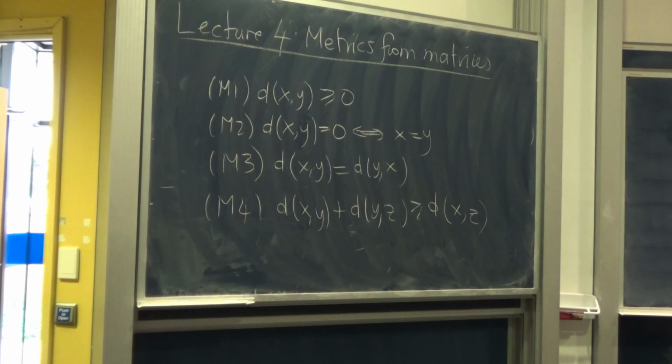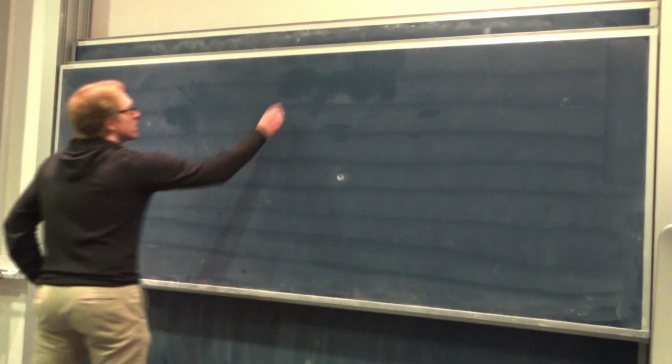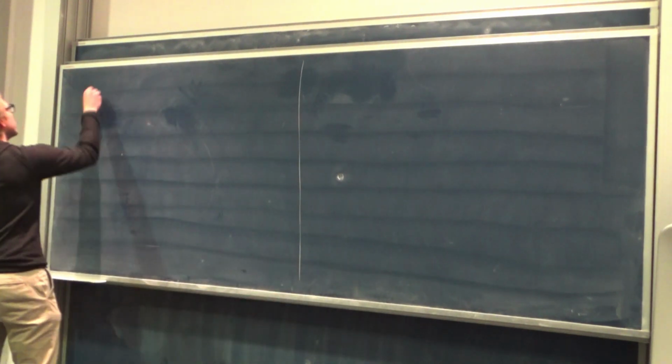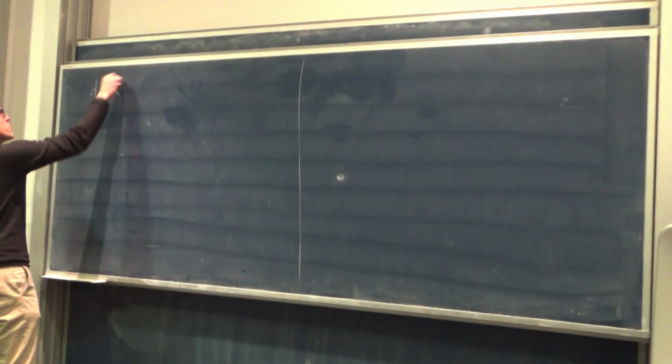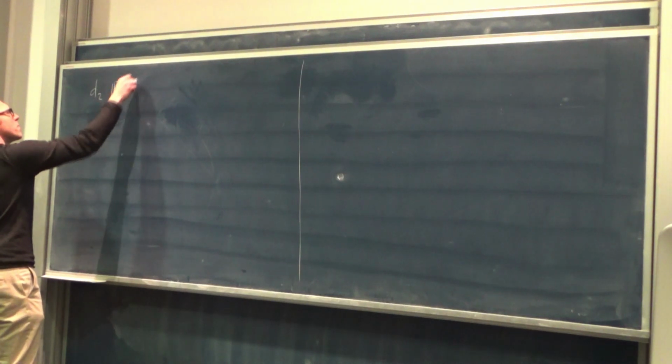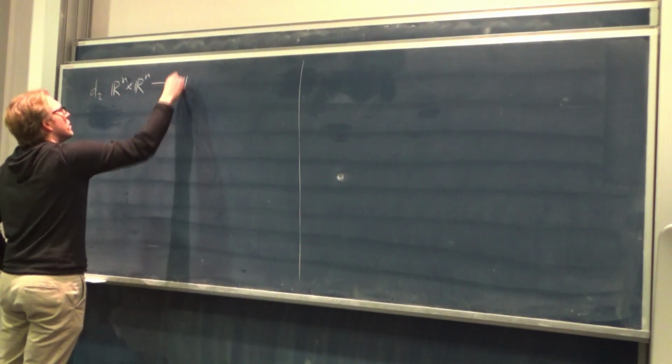So I'll do that first, and then we're just going to explore the idea of trying to put different metrics on Rn. How can we come up with more metrics than just D2, which is the usual Euclidean distance.